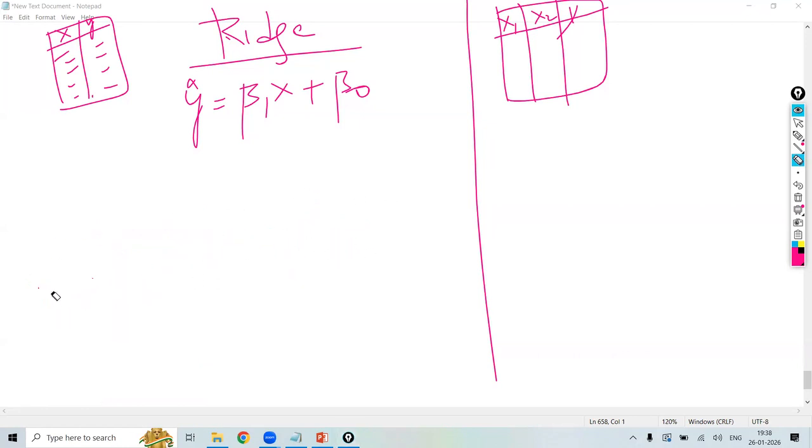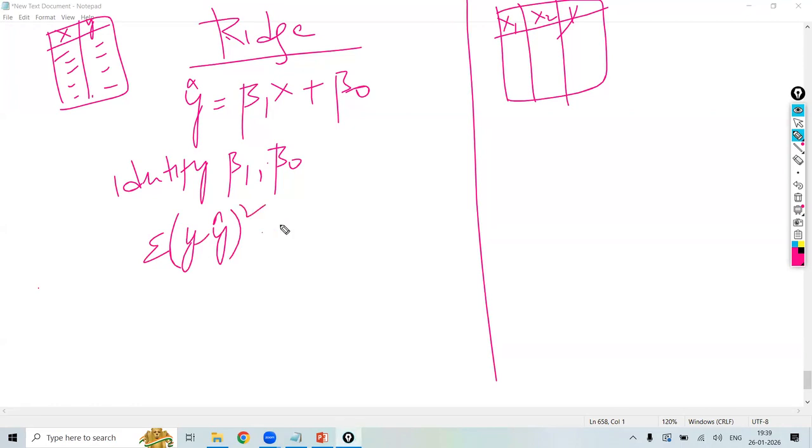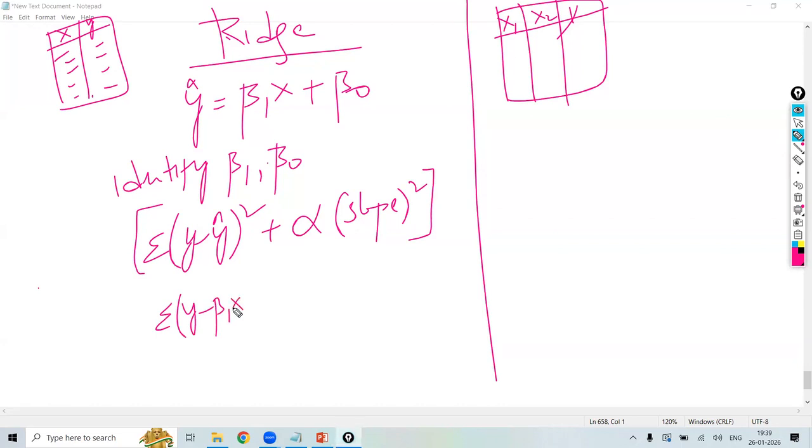Point is clear, guys. How do we identify the beta 1 and beta naught that are changing? It is the sum of the squares of error plus alpha into slope square. That is sigma of (y minus beta 1 x minus beta naught) whole square plus alpha into slope square. Here how many slopes are there? Only one slope, this one.